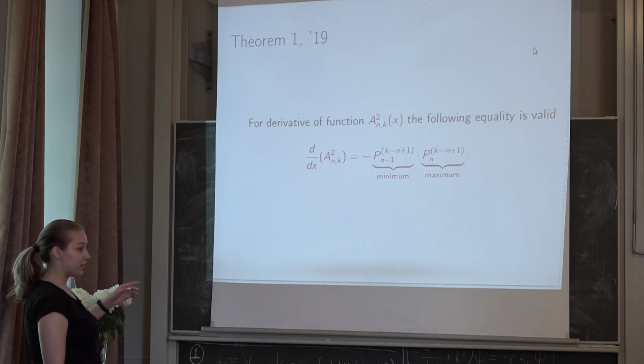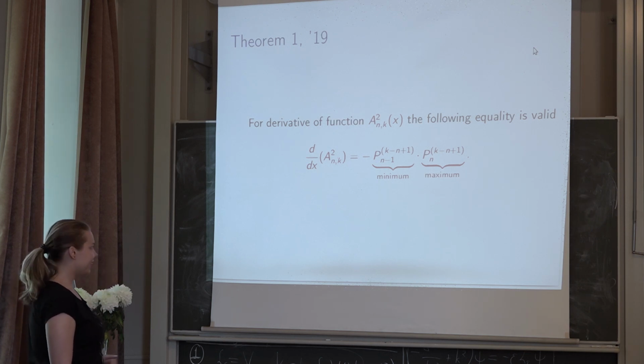Also, we proved that their zeros on the interval 0, 1 alternate, and the zeros of the first polynomial correspond to the points of local minimum of a_nk, and the zeros of the second polynomial correspond to the points of maximum of a_nk.